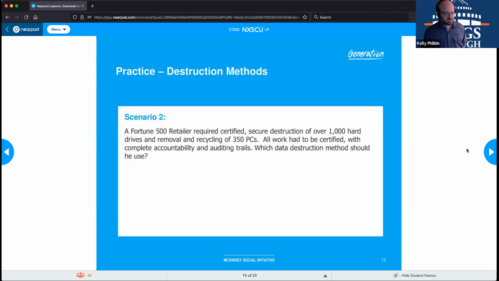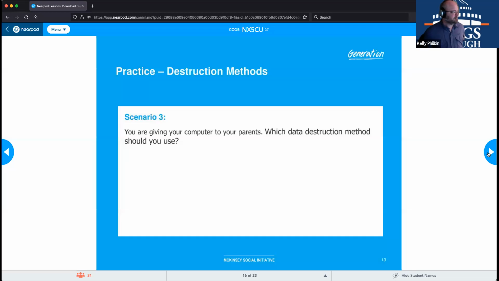All right. Jamari, can you do the next one for us, please? You are giving your computer to your parents. Which data destruction method should you use? Which method would you use?